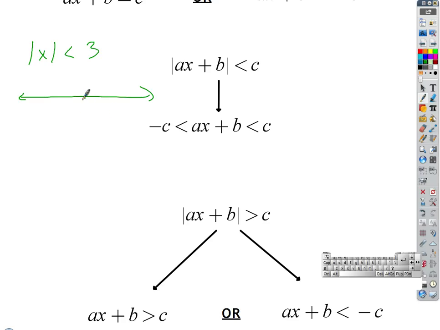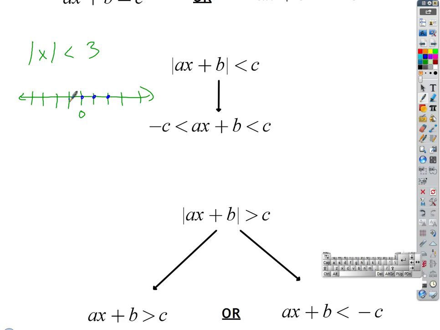If I were to graph this, let's say that's 0, let's mark all the numbers that would work. You told me 2 would work. What else works? 1 works. What else? 0. -5 wouldn't work because the absolute value of -5 is 5.